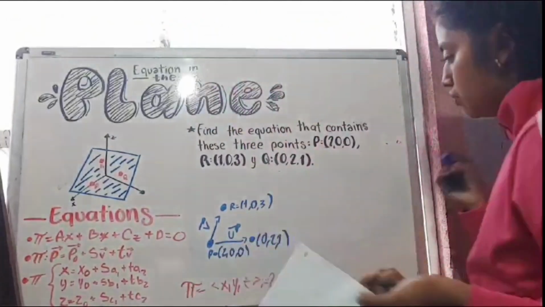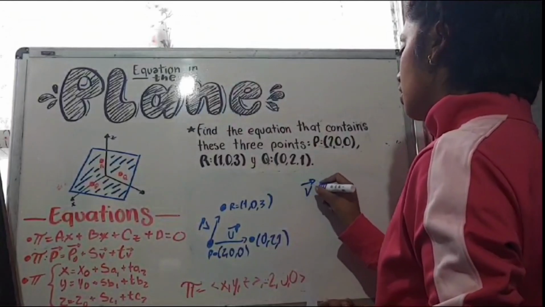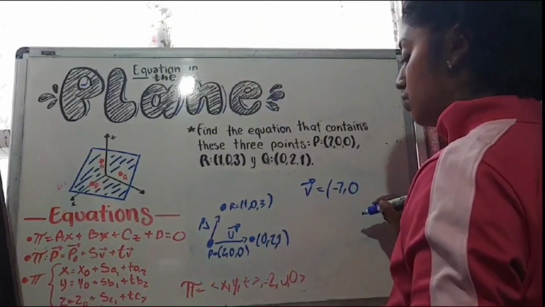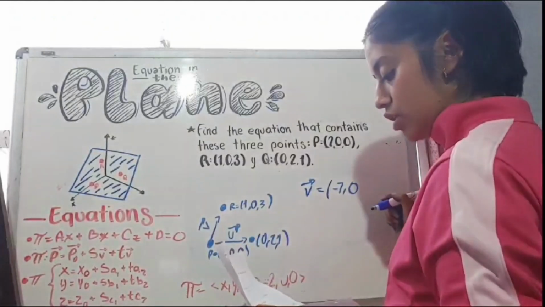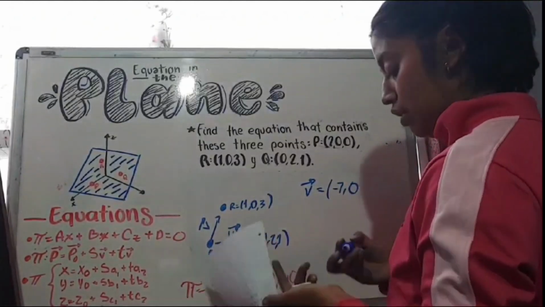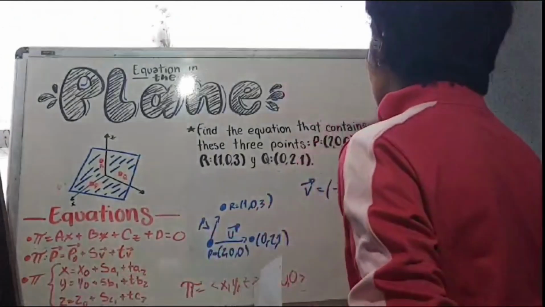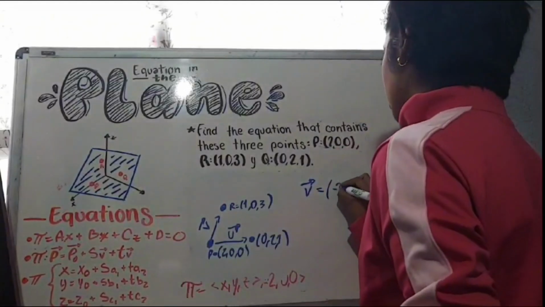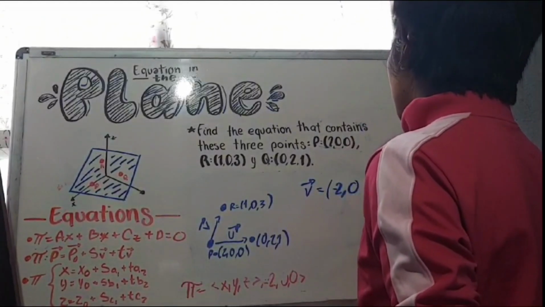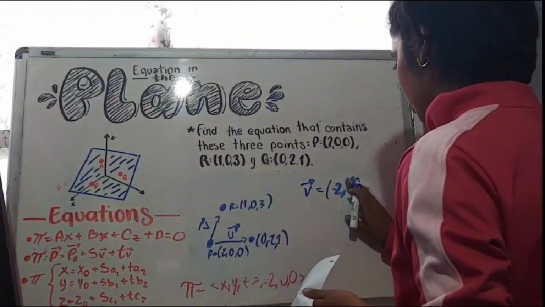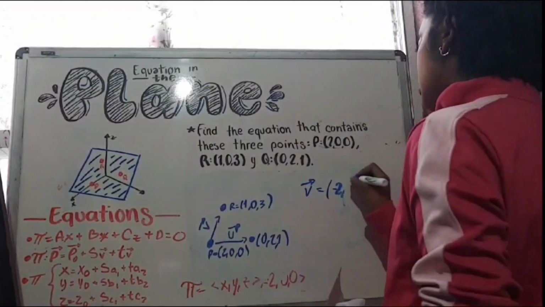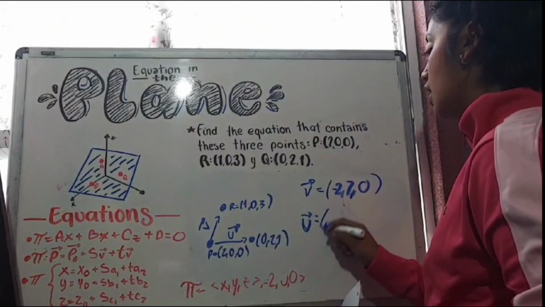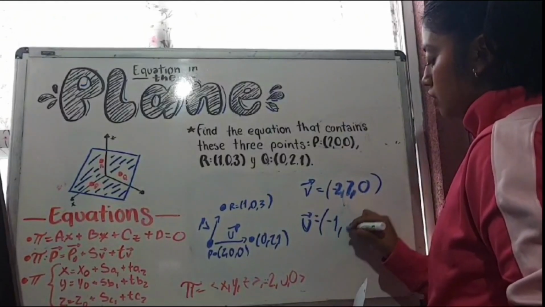The result is vector V is minus 2, 7, 0, and the result vector U is minus 1, 0, and 3.